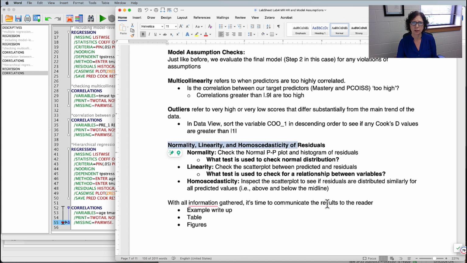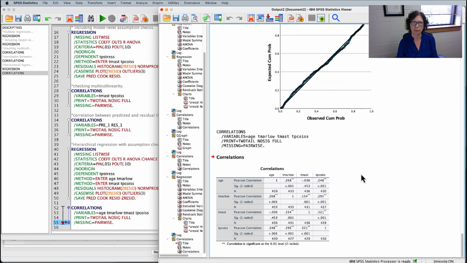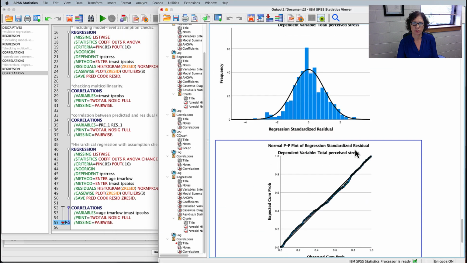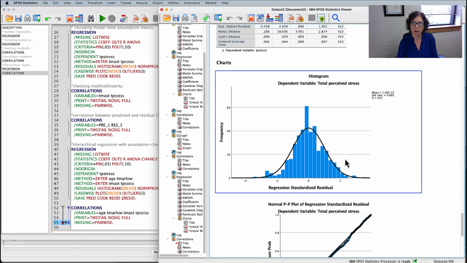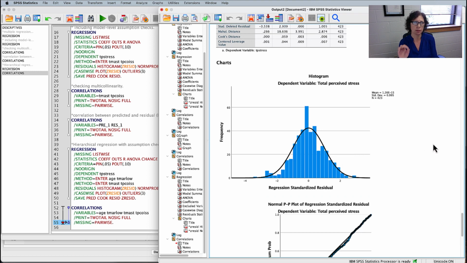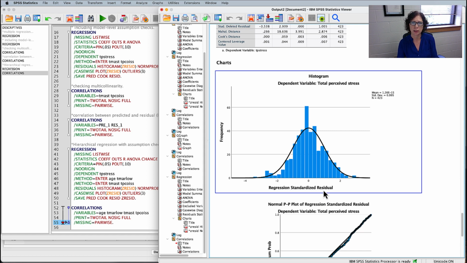Normality, linearity, and homoscedasticity of the residuals. Again, we're going to look at the normal PP plot and the histogram here for normality. Here's our histogram of the model, not of a specific variable in the model. This is the residuals that were created through the estimation of the entire model with all of the predictors in there.